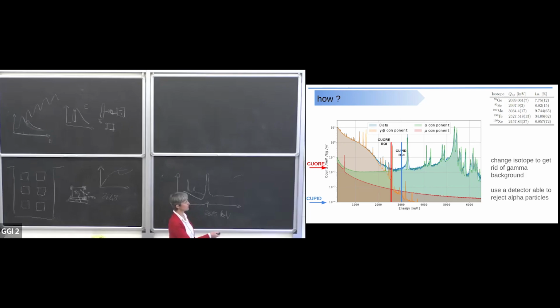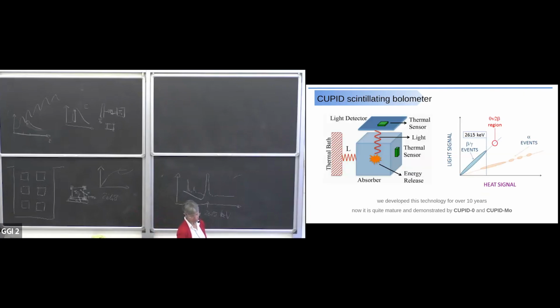So the main point is, I have to choose an isotope with a transition energy in this region, but we have already seen that they do exist. But I also have to be able to get rid of alpha particles. And this can be done using what we call a double readout technology.